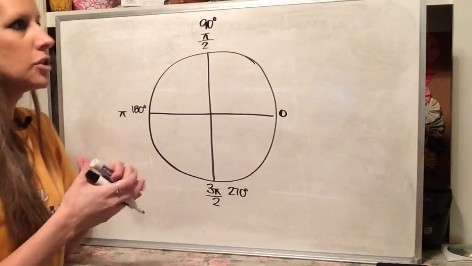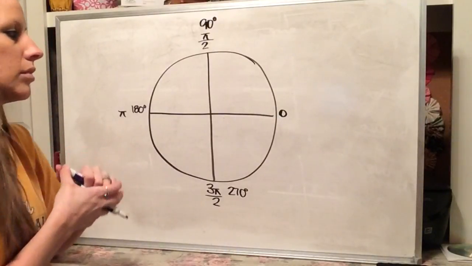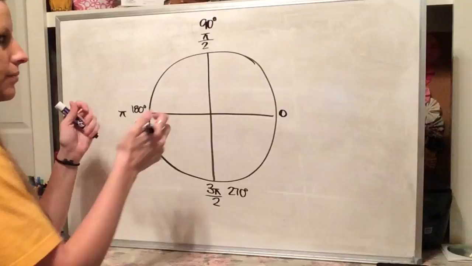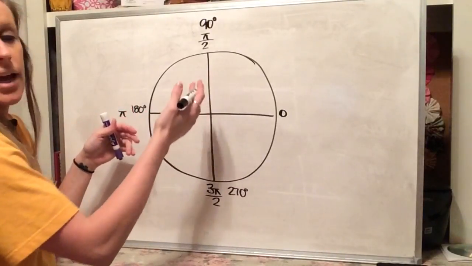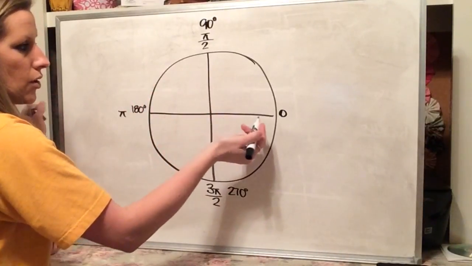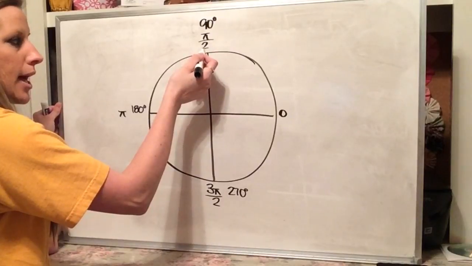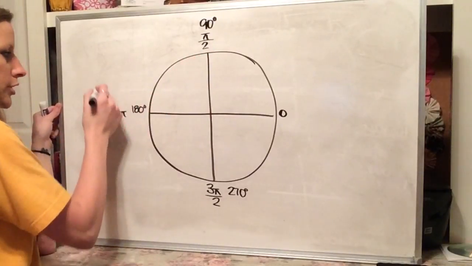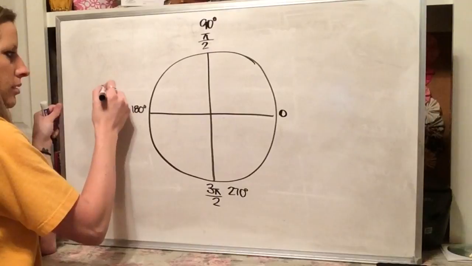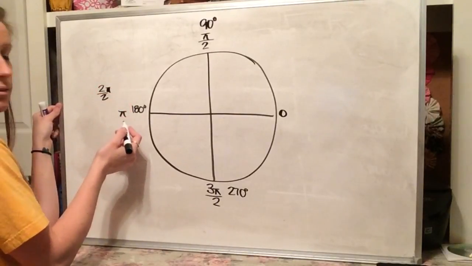All right, so another way I think about it is like I said, I'm splitting it up into 2 sections. So that's 1 over 2 pi, 2 over 2 pi is going to give me 1 pi, right?